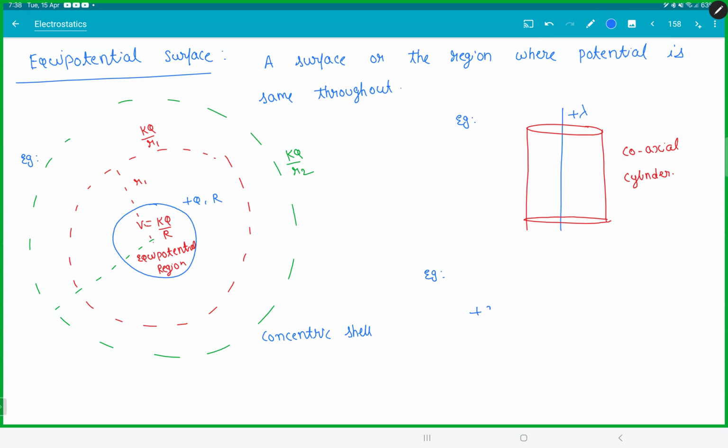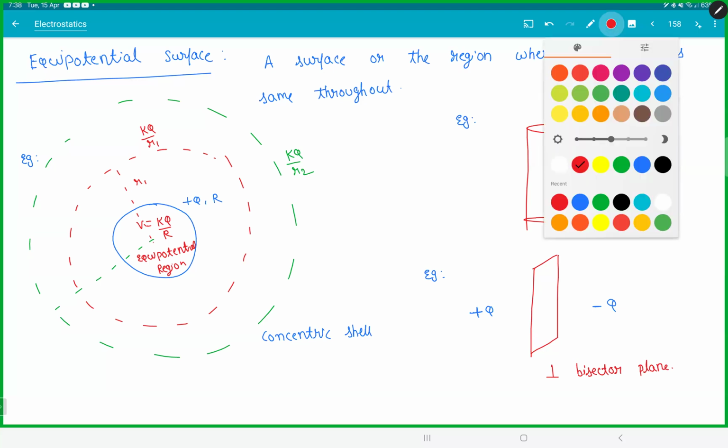Suppose you have plus Q and minus Q, can you tell me where is the equipotential surface? This entire plane in the center, isn't it? The perpendicular bisector plane. If you take this perpendicular bisector plane, the entire plane, now look at this.